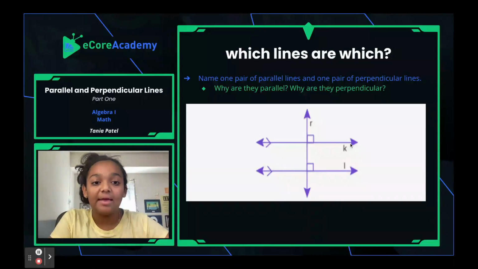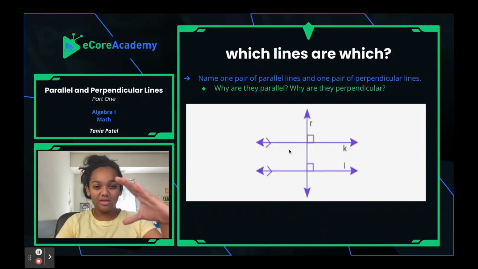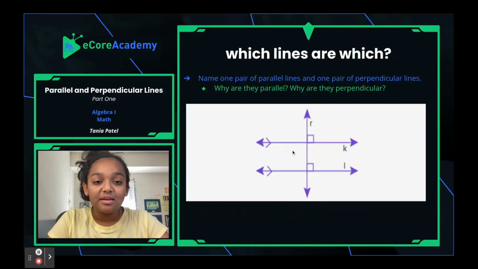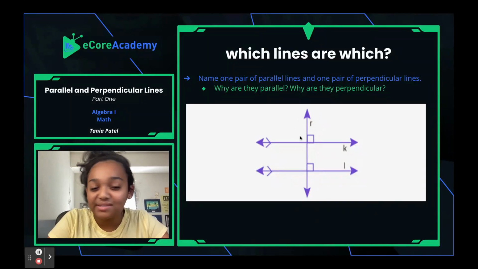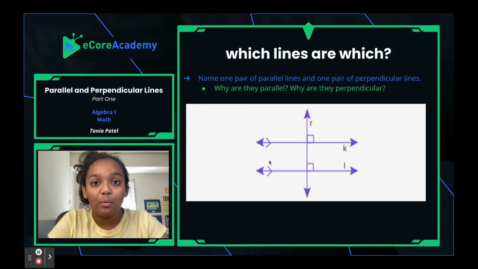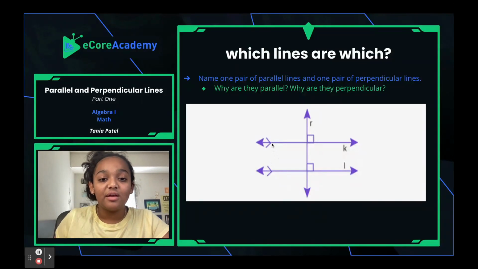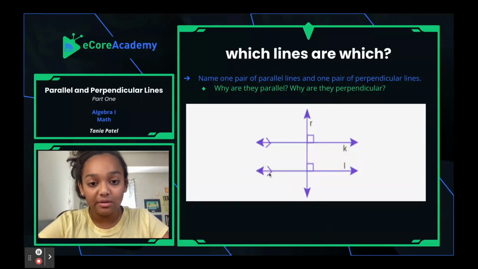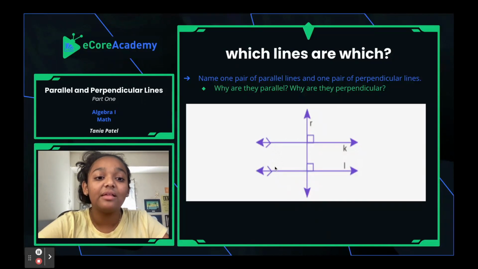If line K and line R were parallel to one another, there'd be two of the greater than signs here and here, just to say that these two are a pair of parallel lines. But they're obviously not parallel lines, and therefore there aren't any, but these two are, and therefore we do have that one greater than sign here that corresponds to the greater than sign over here, saying that K and L are both parallel lines.